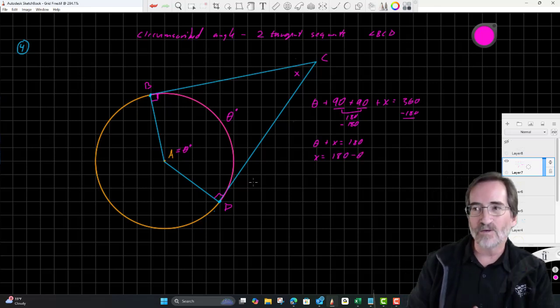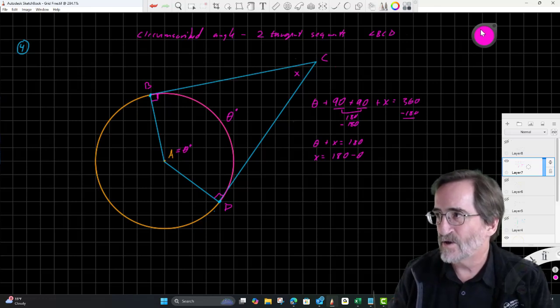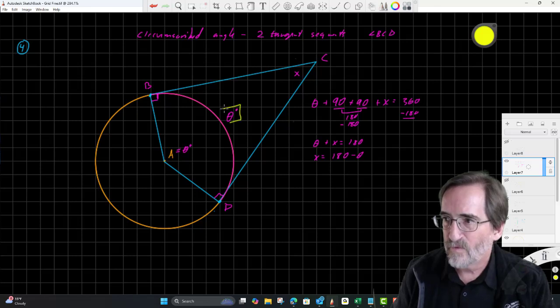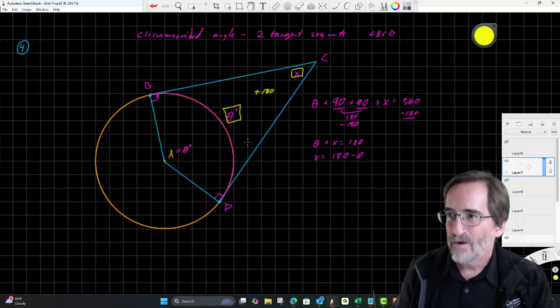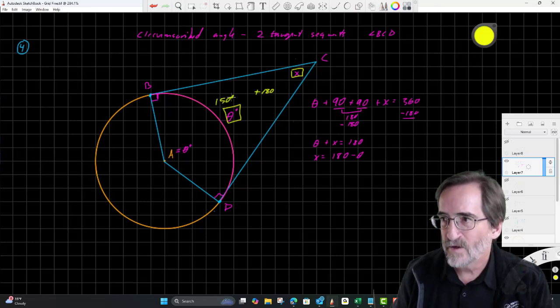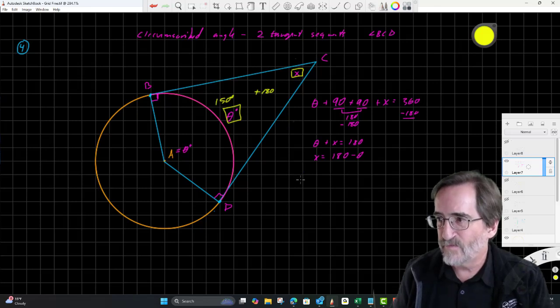Let me show you how you're going to use that. Basically what it says here is that these two angles, the intercepted arc and the circumscribed angle, must add to 180. Okay? So if we're told that the intercepted arc is 150 degrees, then x must be 180 minus 150, or 30 degrees.